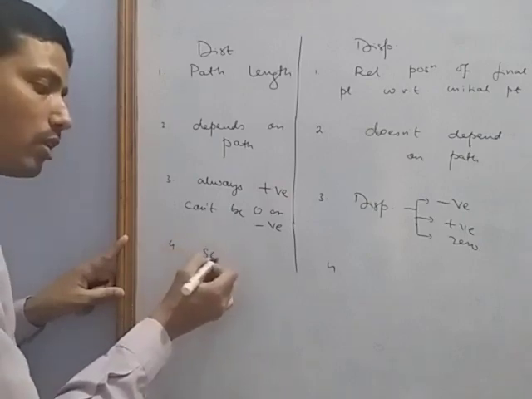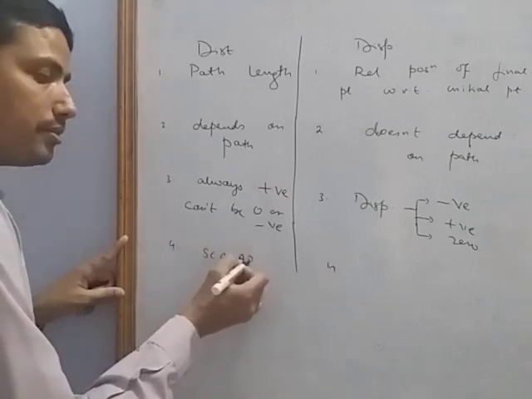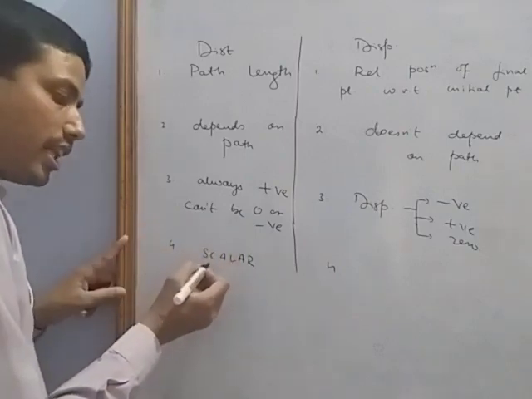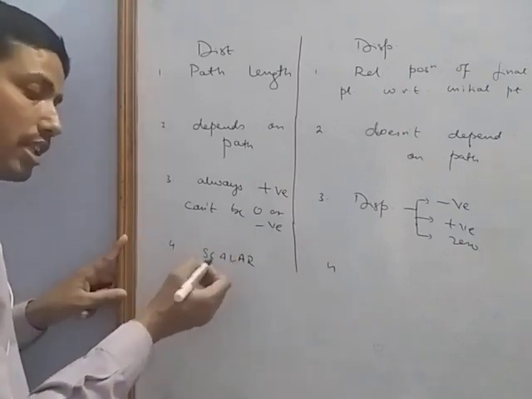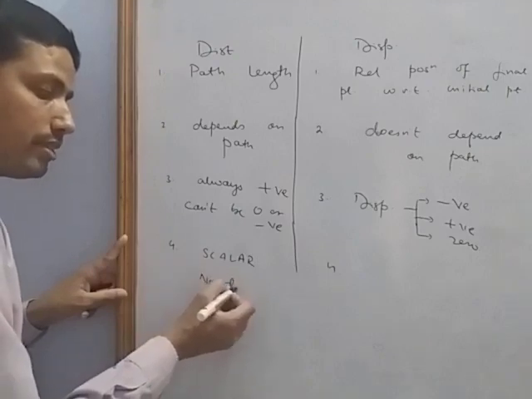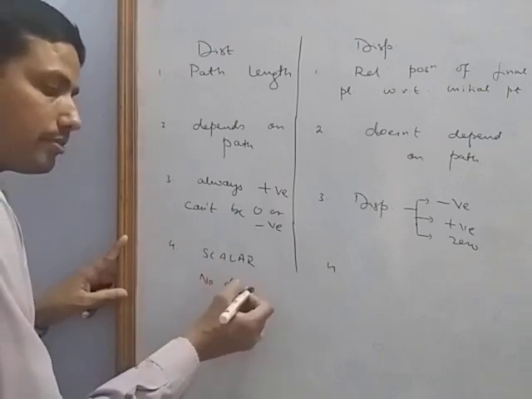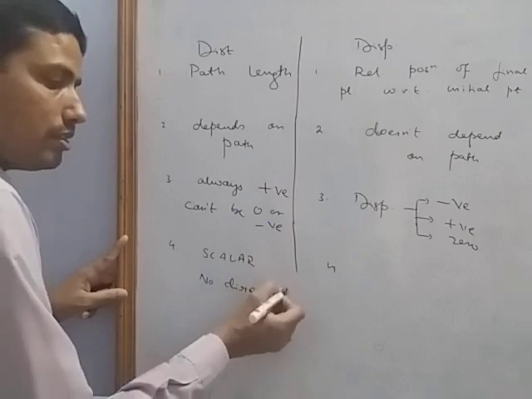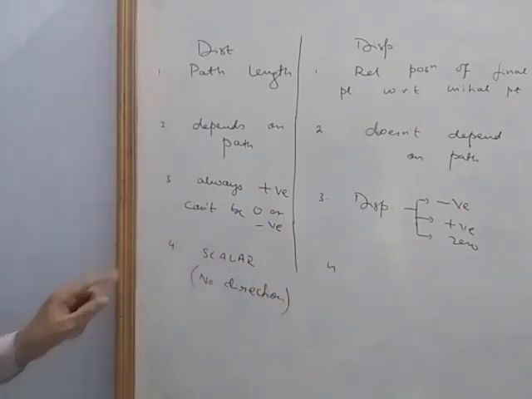Such quantities are called scalars. Scalar quantities are those, like distance for example, that have magnitude but do not have any direction. No direction is to be specified for writing the distance.